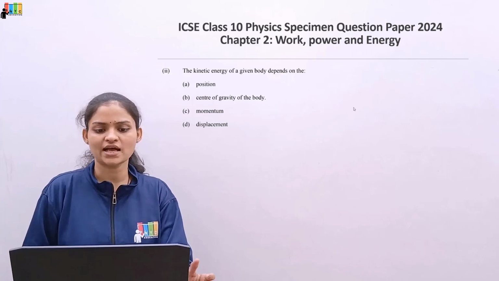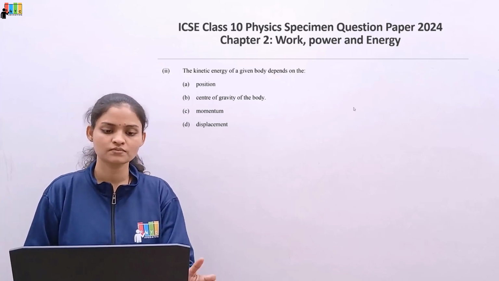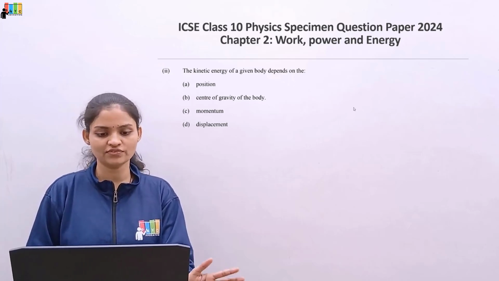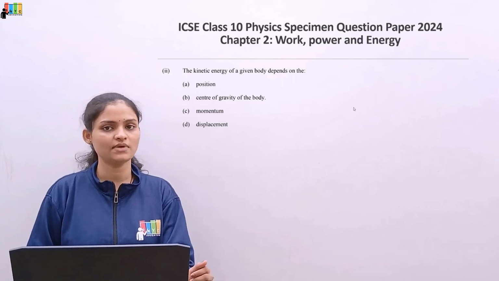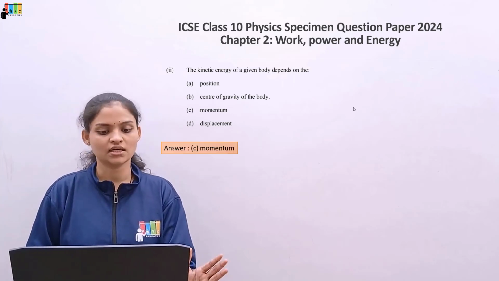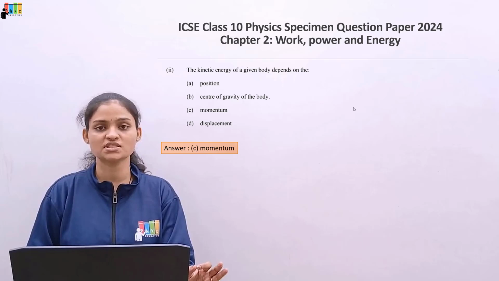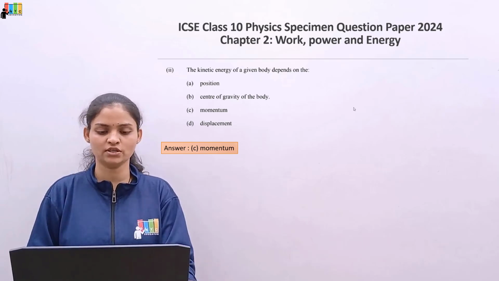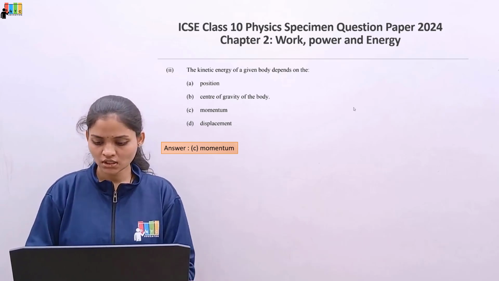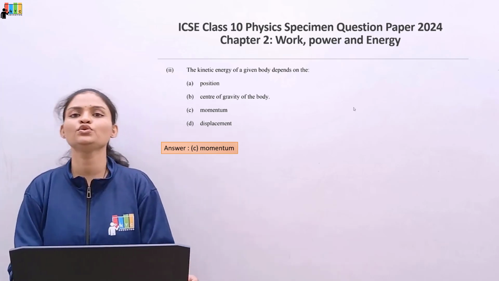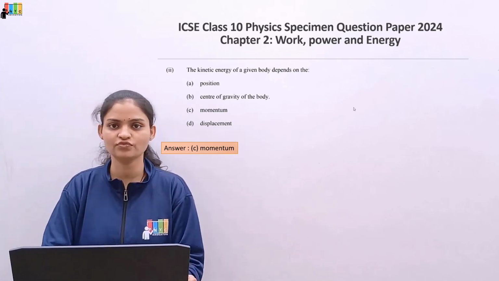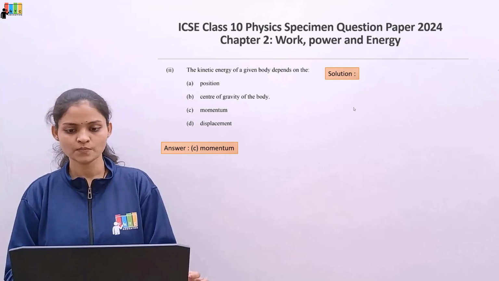What is asked? Kinetic energy depends on position, center of gravity of the body, momentum, and displacement. The correct answer is option C, that is momentum of the body. Now again we are going to use the formula to find the answer.